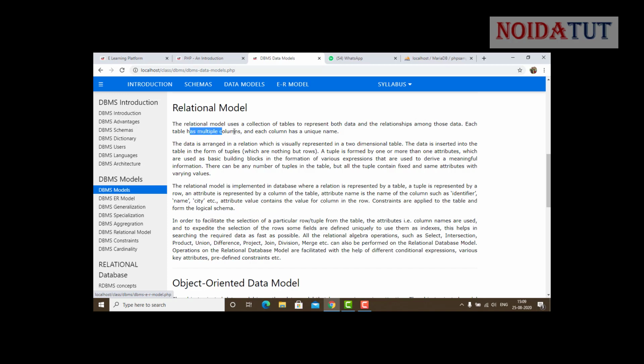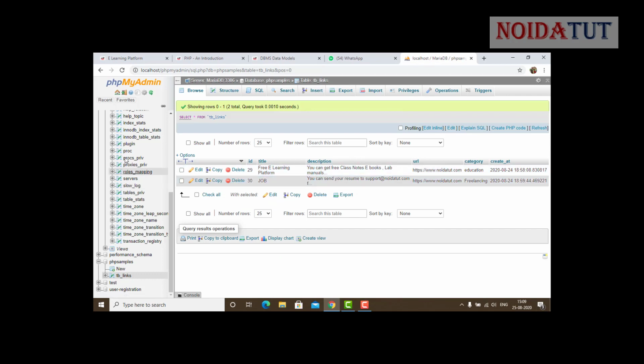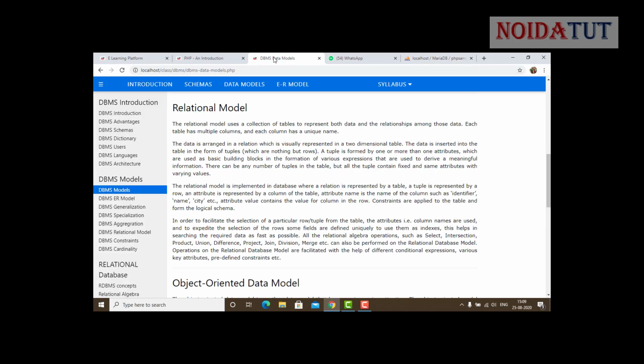Each table has multiple columns and each column has a unique name. Now you can see that every table has multiple columns. ID is one column, title is another column, description is another column, URL is another column, category is another column, created at is another column.